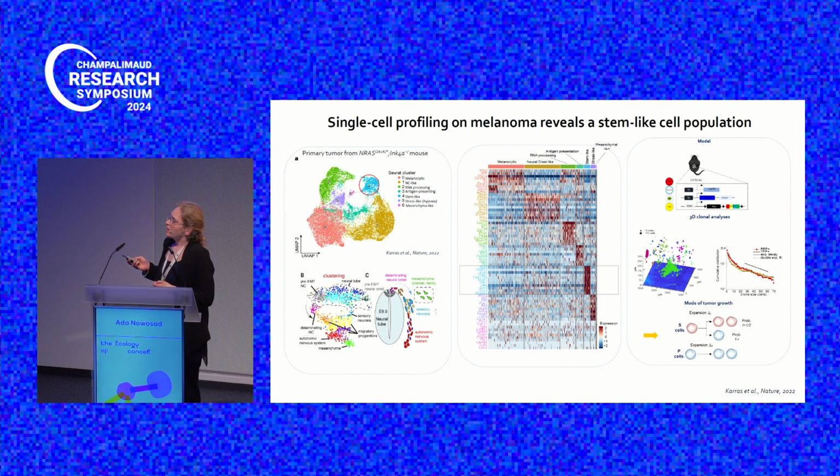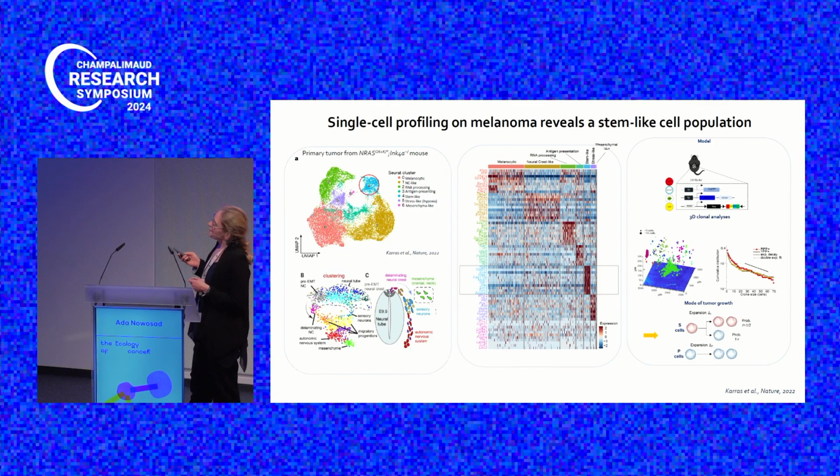So based on this, we hypothesized that those cells may, in fact, function as melanoma stem cells, and in consequence that melanoma growth may be hierarchically organized. And to confirm this hypothesis, we established a confetti mouse model of melanoma, and we analyzed clones by confocal microscopy.